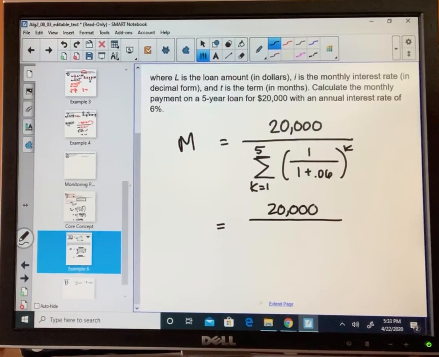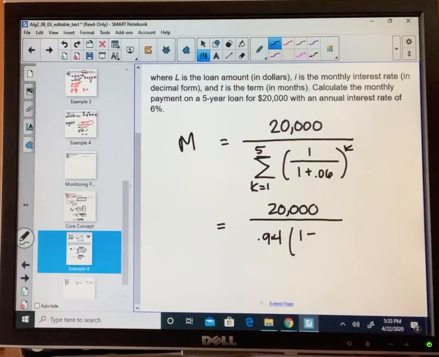Well, I get 1 divided by 1.06. So I get 0.94. 0.94, that's A1. That's not a 4, that's a 5. 0.94. Then I multiply it by 1 minus r to the n.